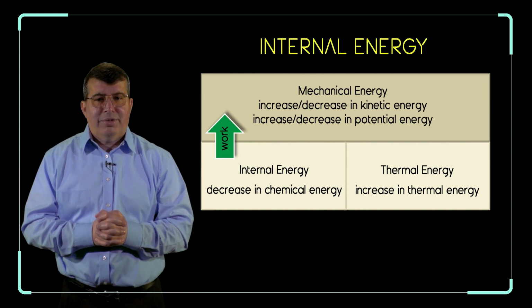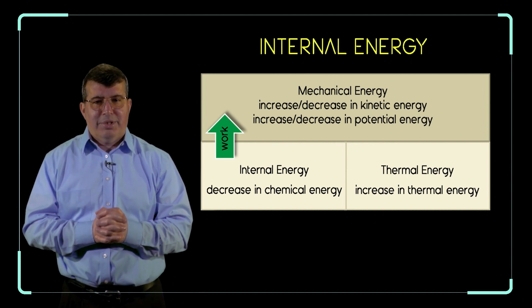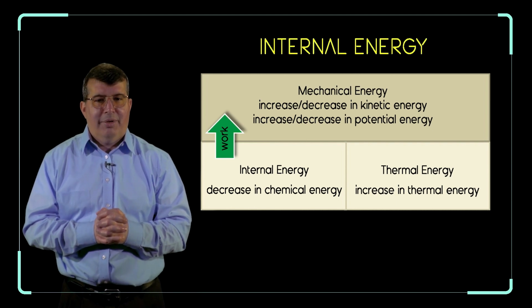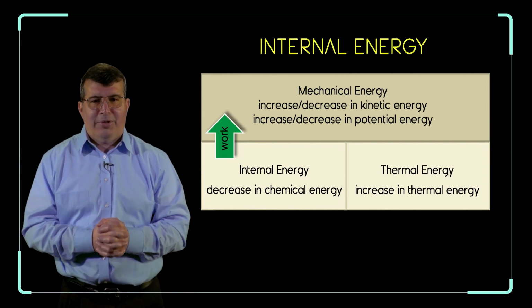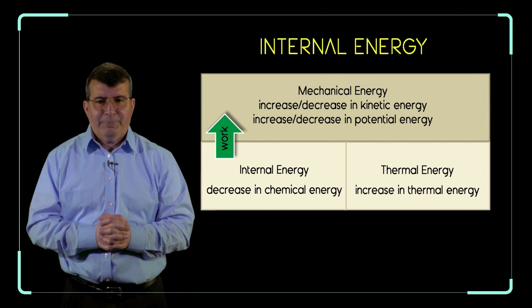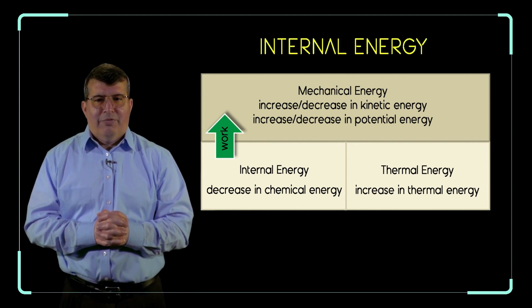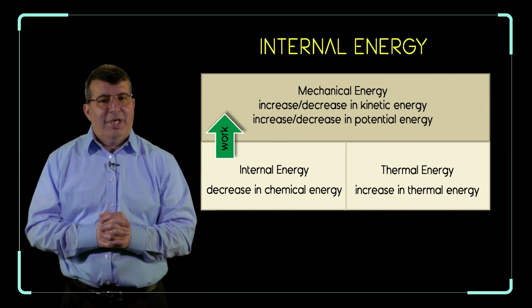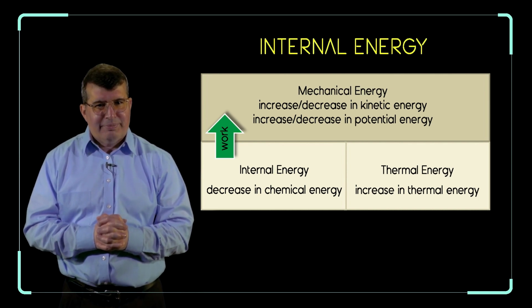So let's look at our box. We have our mechanical energy, which is our kinetic energy and our potential energy. We have our internal energy, chemical energy, and we have thermal energy. And why did I put thermal energy there? Well, our conversion of internal energy into mechanical energy is not very efficient.